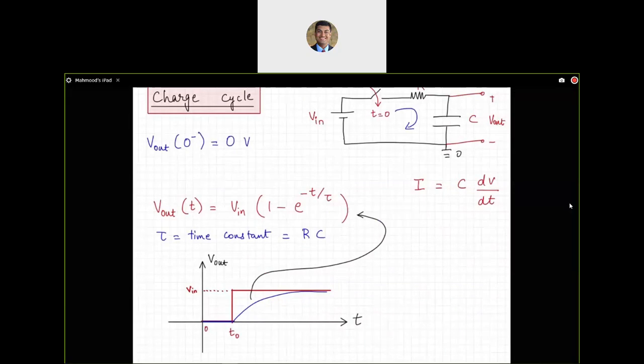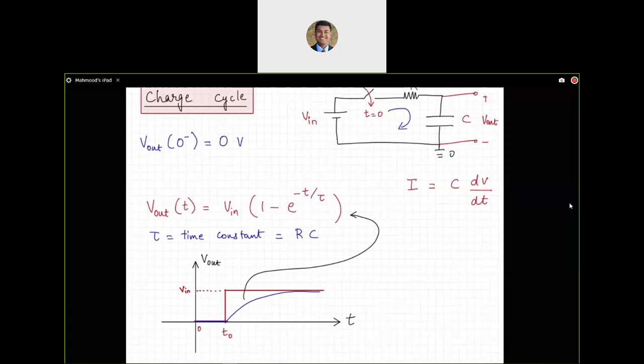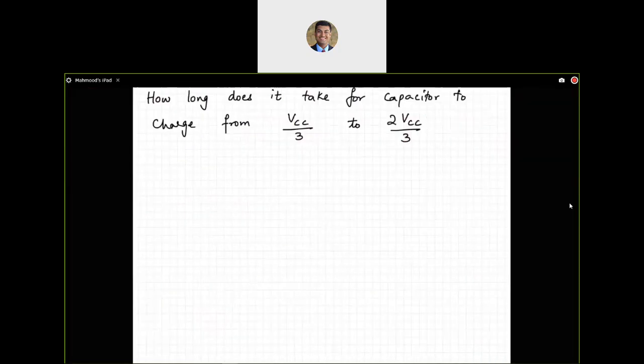Next, using this particular equation, I can answer a question like this. How long does it take for a capacitor to charge from one voltage to another voltage?